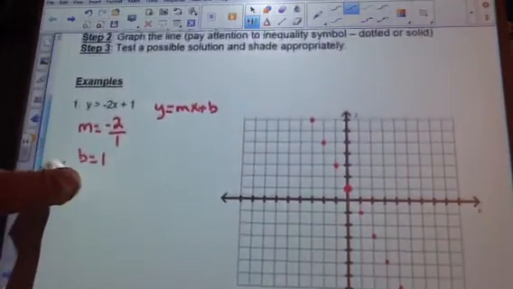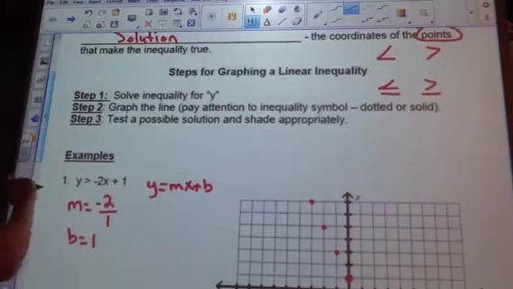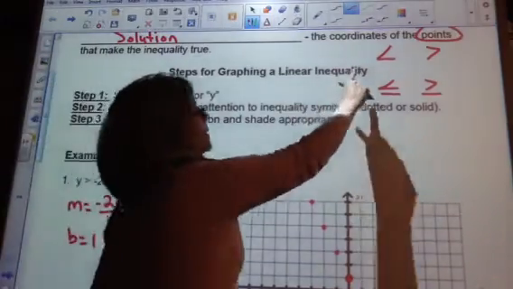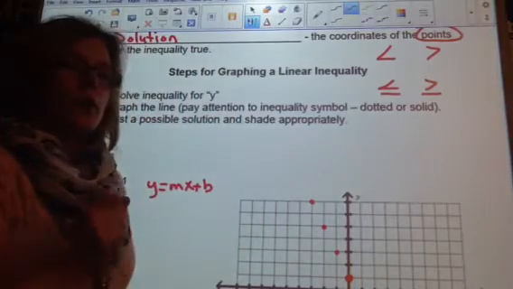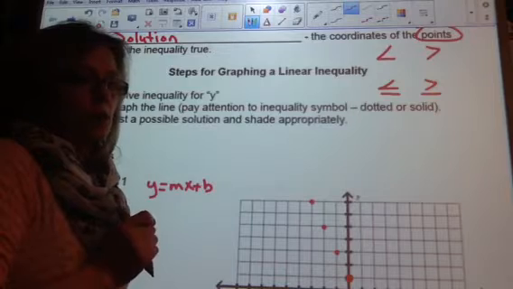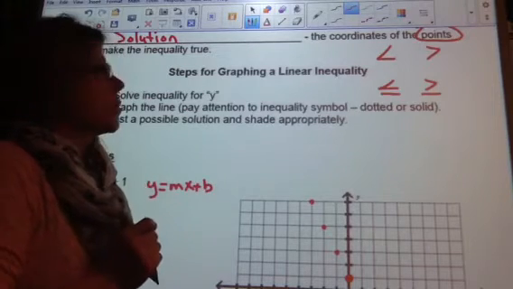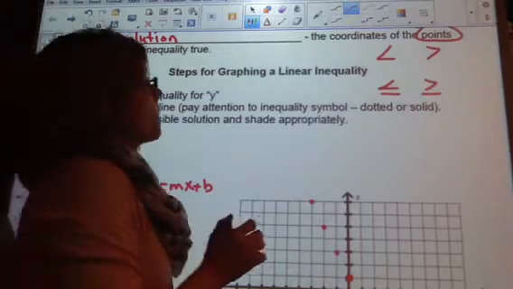Okay, we need to go back and look at these inequality symbols. When we were graphing an inequality, when it was less than or greater than, when you graph in the equation, it had an open circle because your solution set did not include the number with the open circle, okay? Just like when we're graphing linear inequalities.